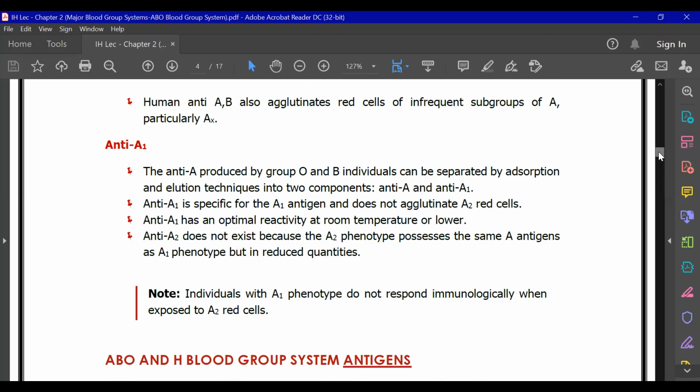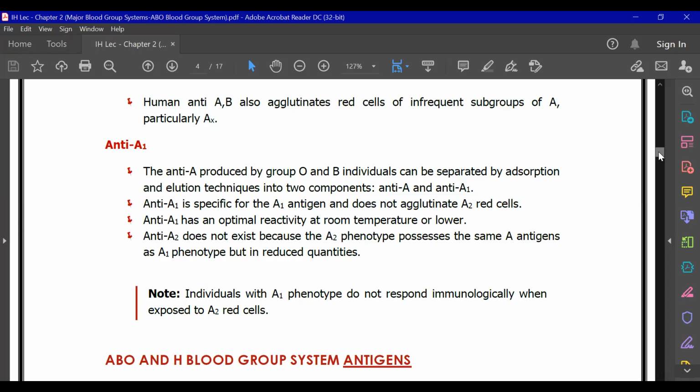You've learned that aside from the anti-A and anti-B antibodies, we also have your anti-AB, which is considered a cross-reactive antibody. And also, aside from your human anti-AB, we have your anti-A1. So how does anti-A1 come about? The anti-A antibody is produced by your group O and B individuals, because your group O has no A antigen on the red cells, so it has anti-A.